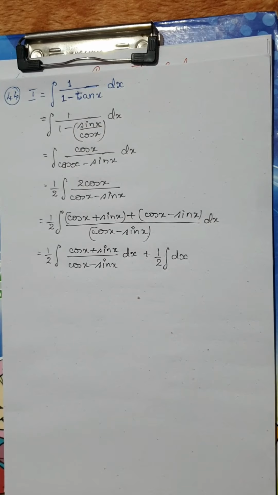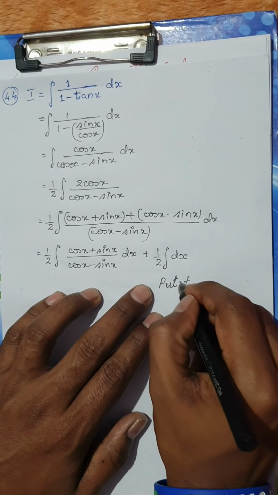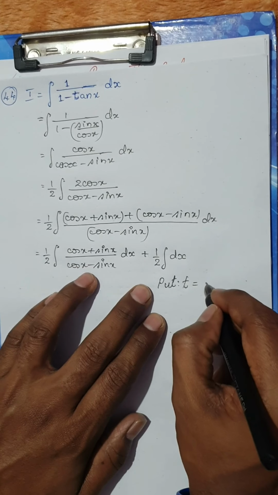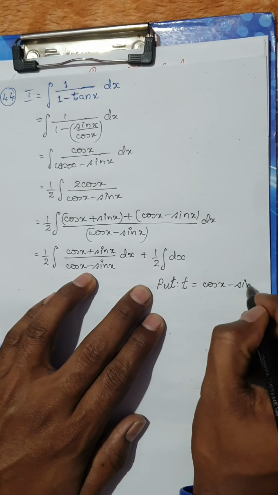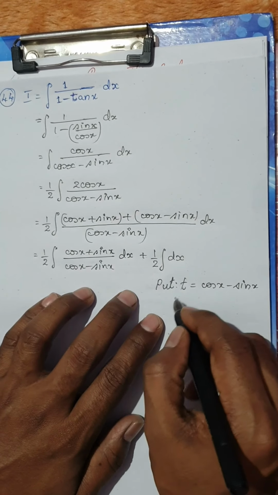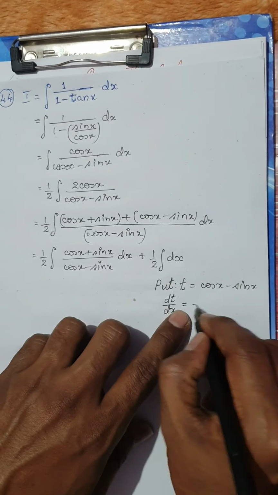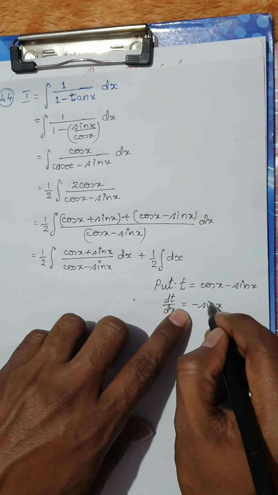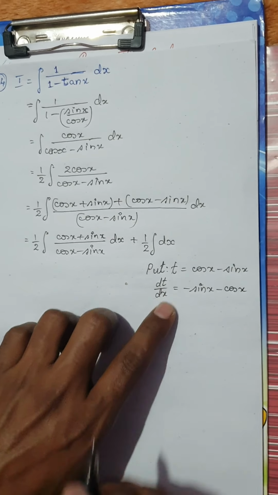Let me put t as again the denominator, which is cos x minus sin x. If you differentiate with respect to x, dt by dx would be derivative of cos x, which is minus sin x, minus derivative of sin x, which is cos x.